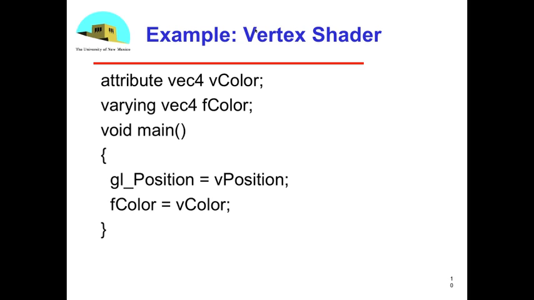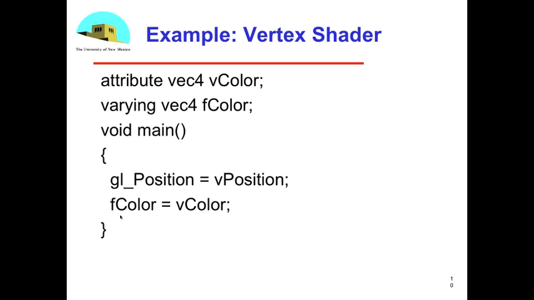Just as the position is copied over, because we assume the coordinates have been set right, by setting gl_Position to V position, the fragment color is being set equal to the attribute V color. Now that is going to be interpolated. So when F color gets over to the fragment shader, the fragment shader is going to see the interpolated value.